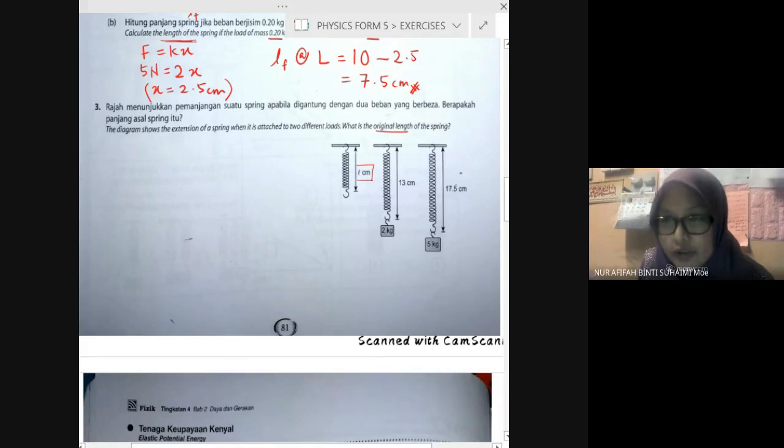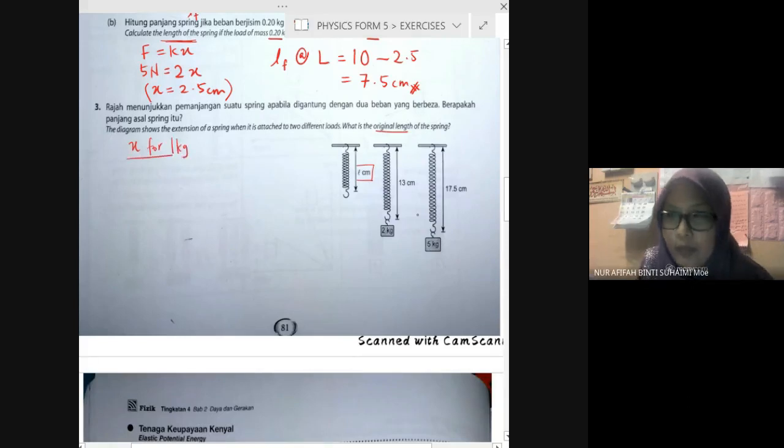So after that we can minus to get the original length without any load. So how to get the extension for 1 kilogram?